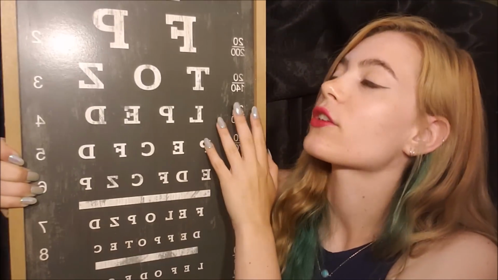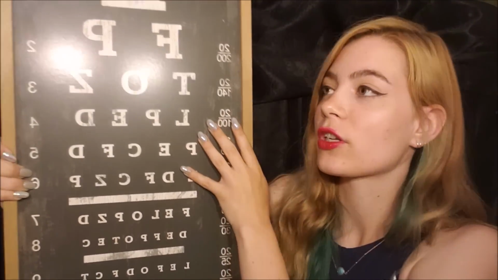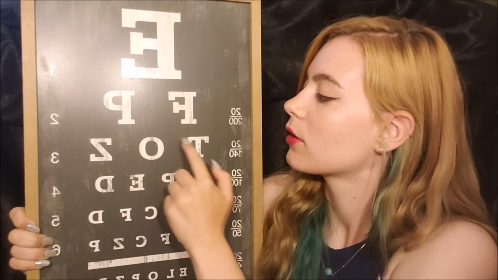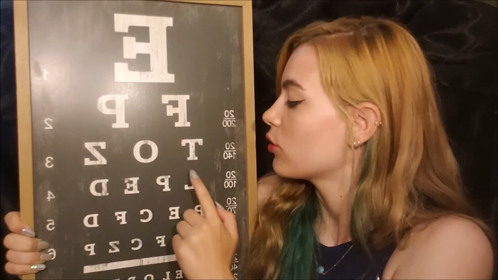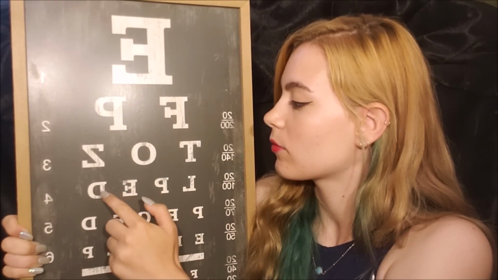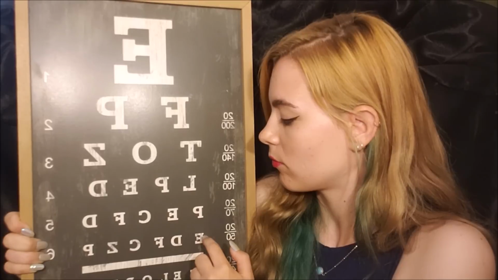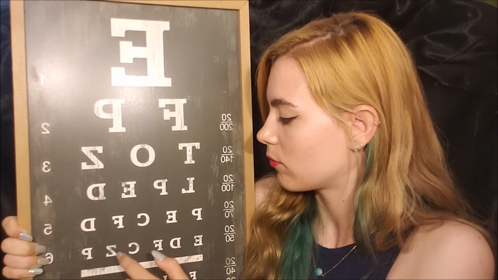So these tests are conducted by having your patient read generally from top to bottom as far as they can go with each letter. You can do this either with both eyes or have one eye covered and then the other.